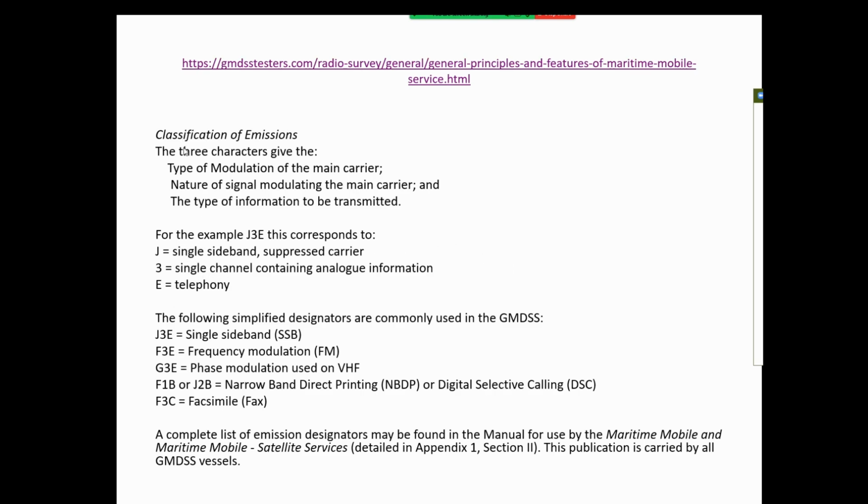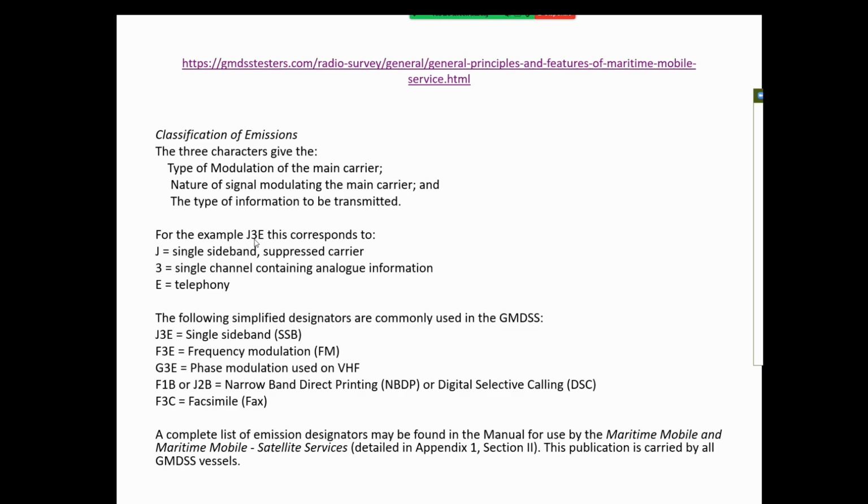The first of the 3 characters is the type of modulation of the carrier signal. So J will indicate a single sideband suppressed carrier. And you're going to see SSB as the modulation and the type of mode that we use for most maritime and aeronautical communications.